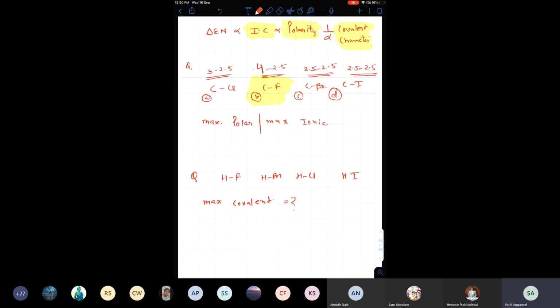Maximum polar means maximum electronegativity difference. We know their electronegativities, we can calculate their difference.